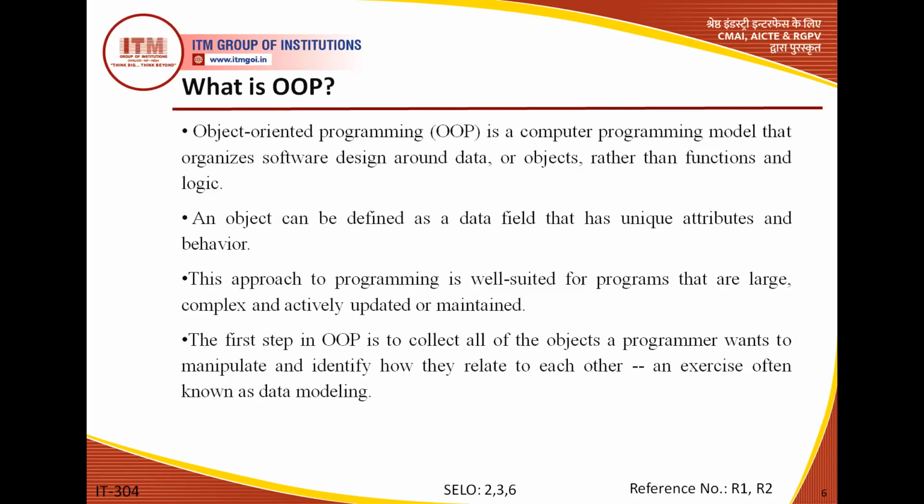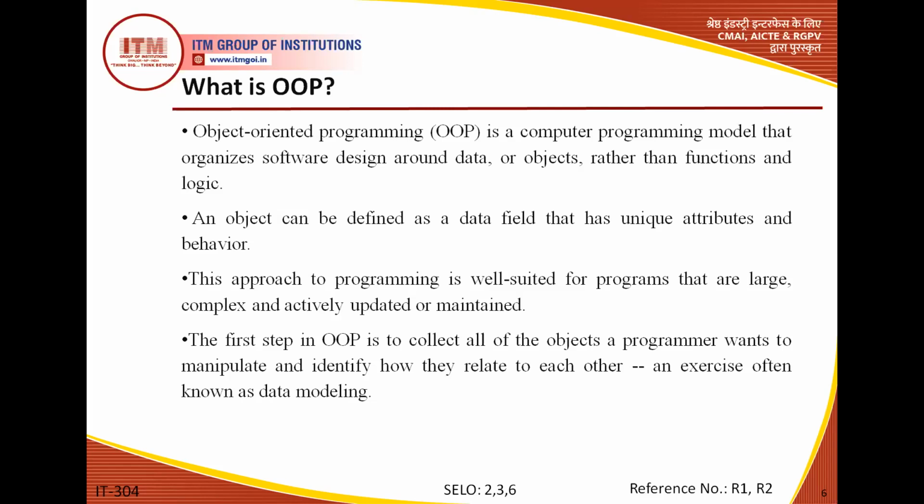So an object is basically a user defined data type which can be defined as a data field that has unique attributes and behavior. And you can say that the approach applied in this programming is basically for those programs which are more complex and which need continuous maintenance and updates while programming.